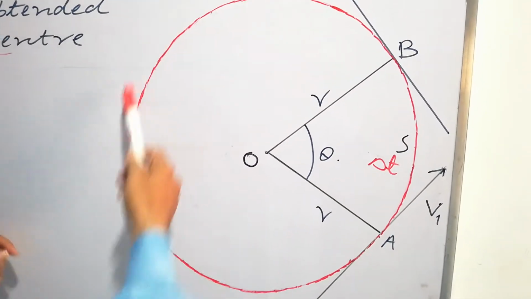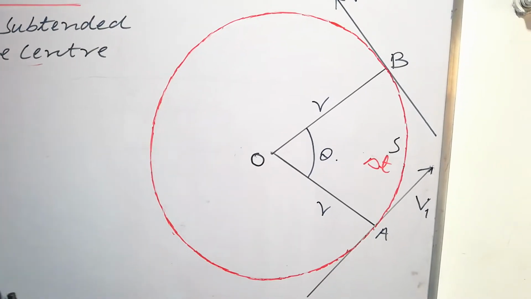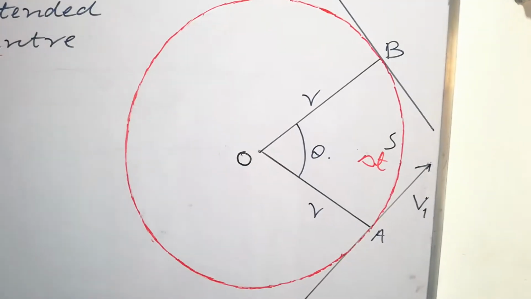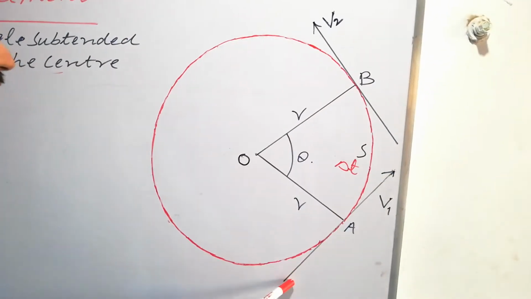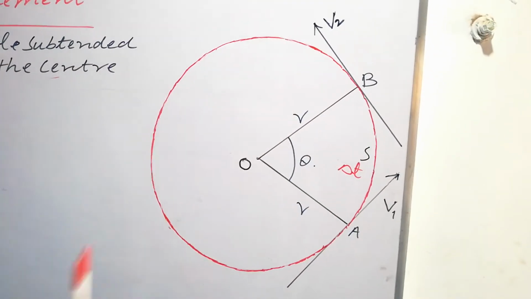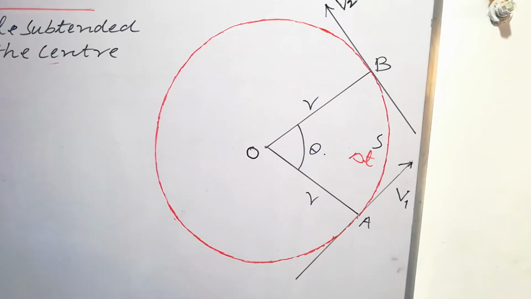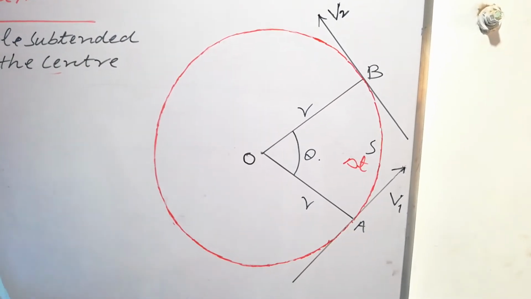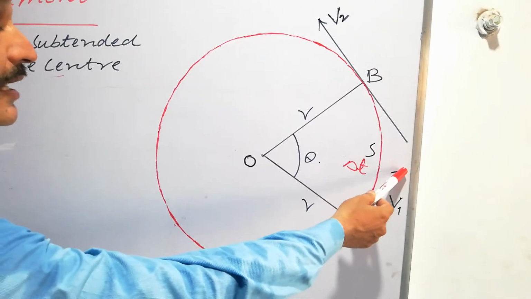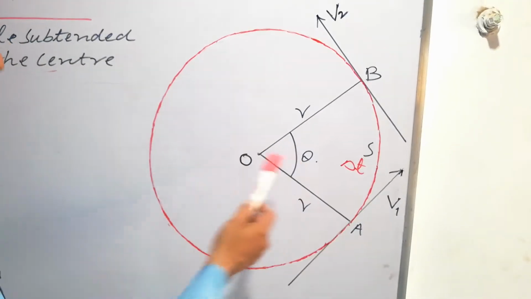Its linear velocity is changing at different points. At point A its velocity is v1, and at point B its velocity is v2. How do we get the linear velocity at these points? Just by drawing a tangent line at that point.